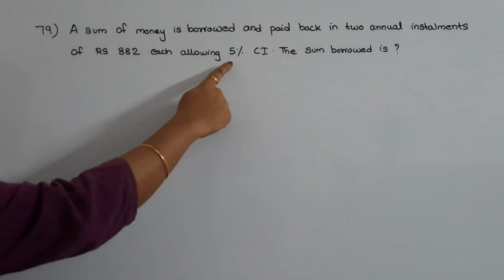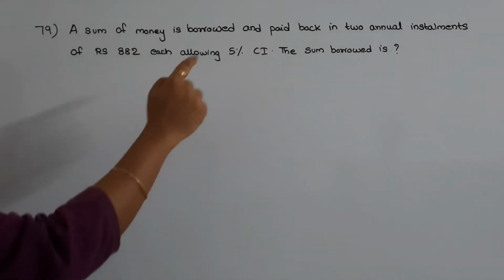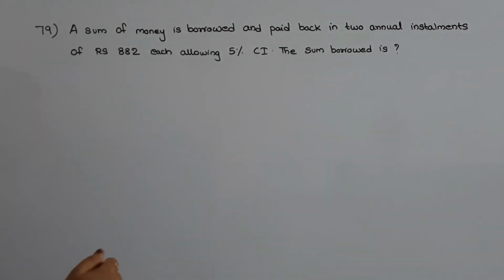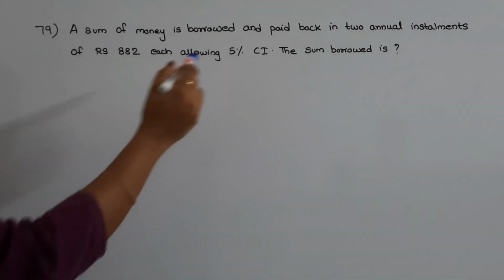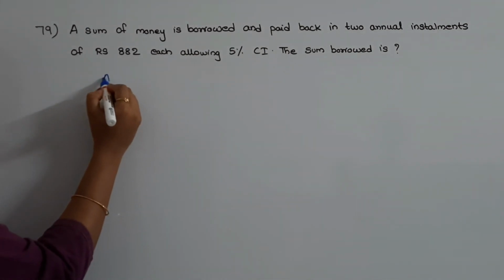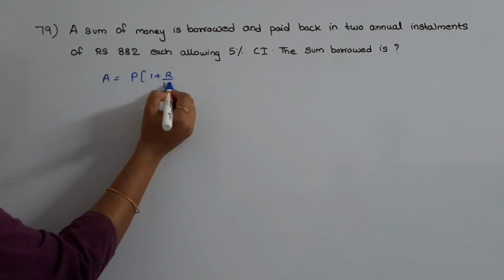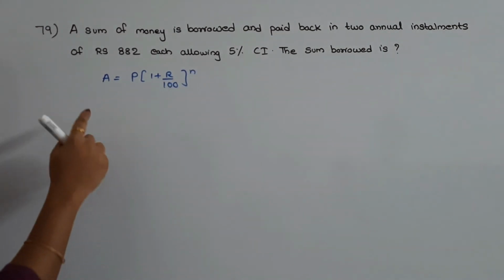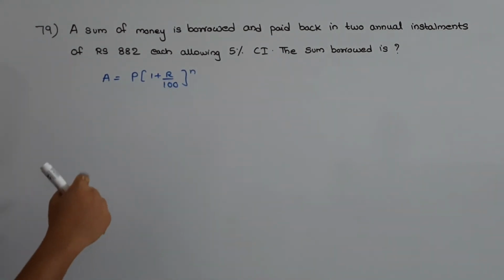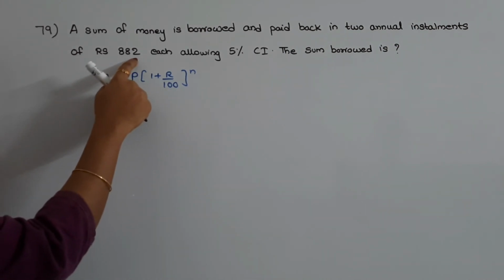They have also given the rate of interest as 5%. Then we need to find out what is the principal amount. So in compound interest we know that amount is equal to P into 1 plus R by 100 whole raised to N. So what will be the amount after the first year? Amount after the first year is given as 882.